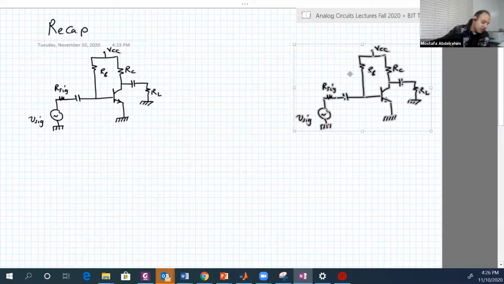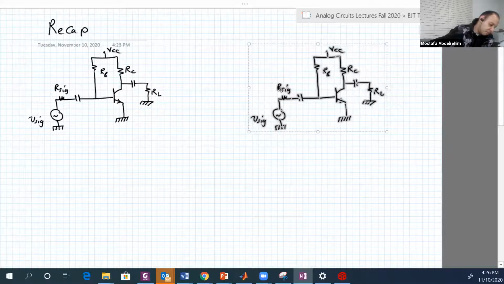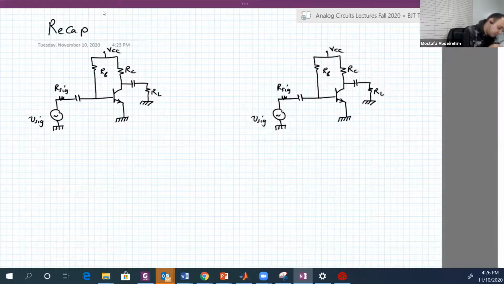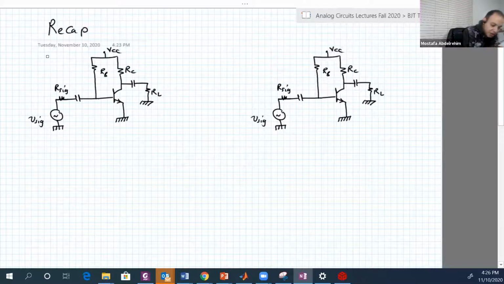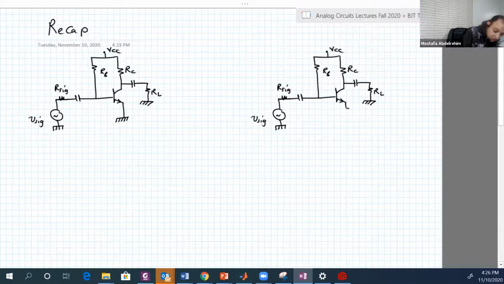It is basically exactly the same circuit, but we just add a resistance in the emitter here. So the emitter is not connected directly to the ground, it's connected through a resistance to the ground. This resistance is called RE or degenerate resistance.